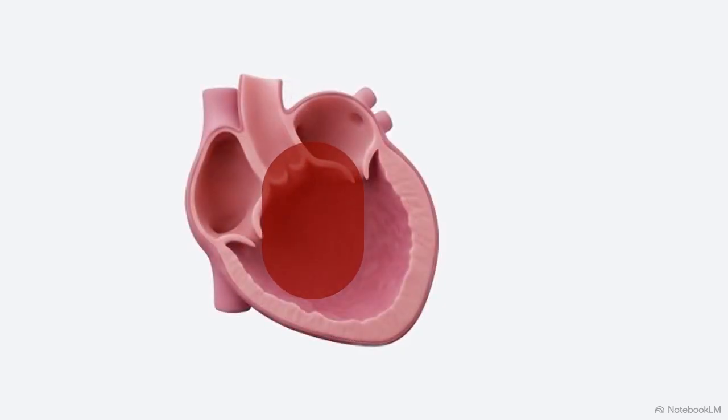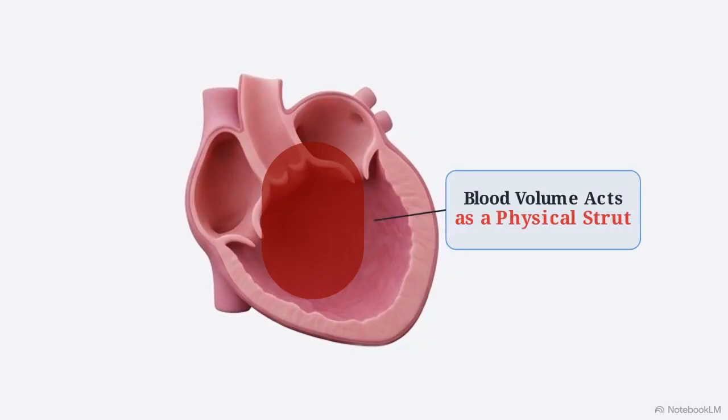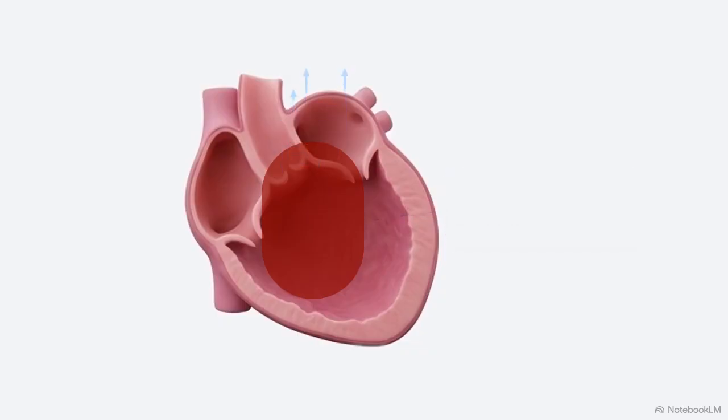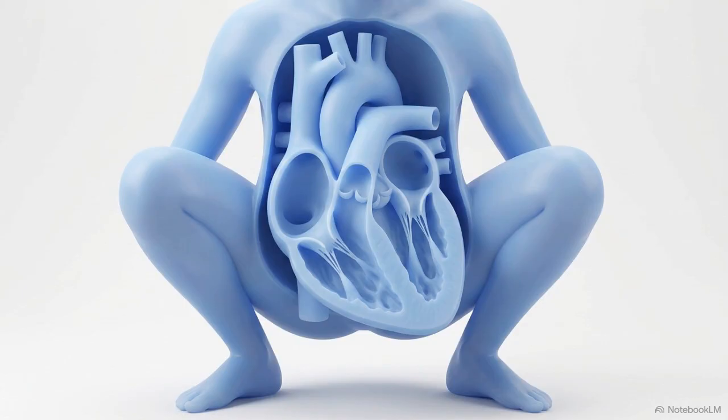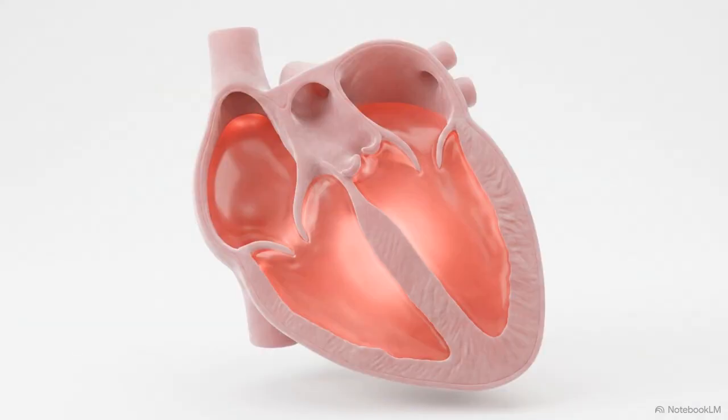The blood itself acts as a physical strut, propping the outflow tract wide open and separating the encroaching septal wall from the exit path. With a wider pathway, the blood easily exits the ventricle. The fluid velocity drops and the intense turbulence subsides. When the murmur softens during a squat, it definitively proves that the internal obstruction is dynamic. The severity of the blockage is entirely dependent on having enough physical blood volume to prop the heart open.